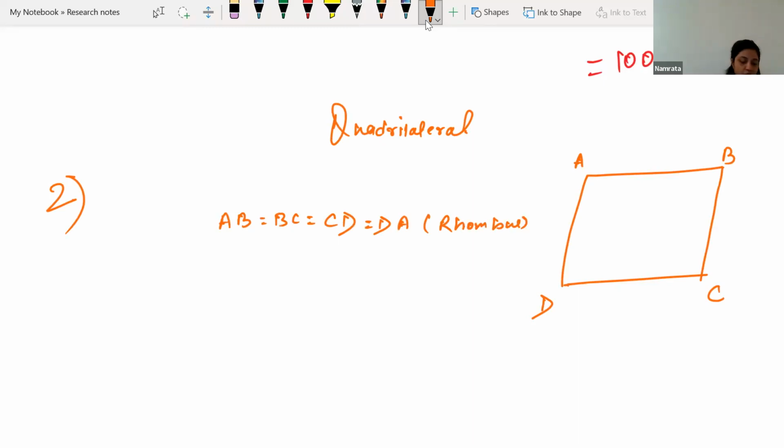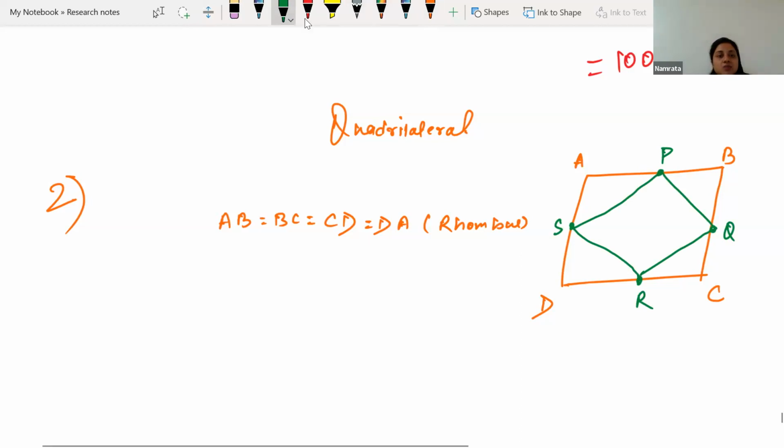Now PQRS are midpoints of the sides AB, BC, CD and DA. Show that this quadrilateral PQRS is a rectangle. Okay, let's see how we can show that.